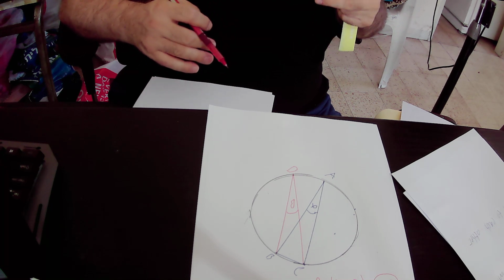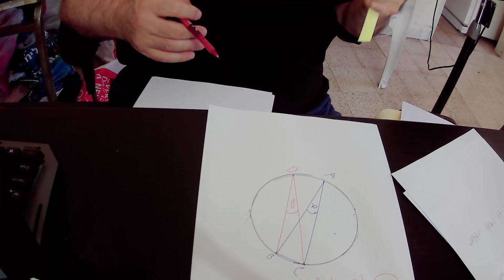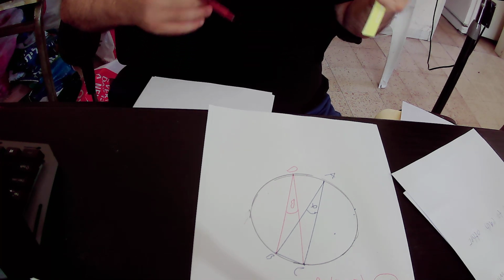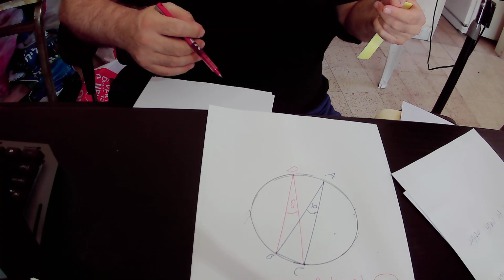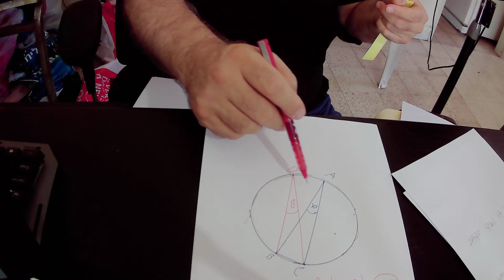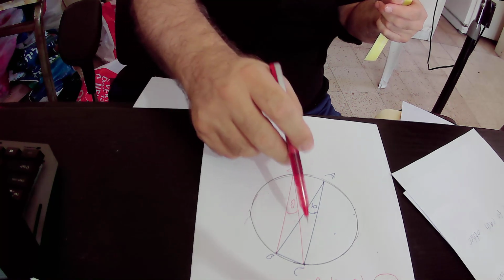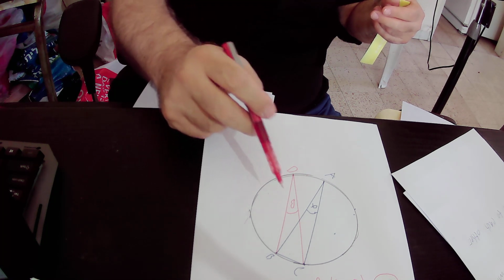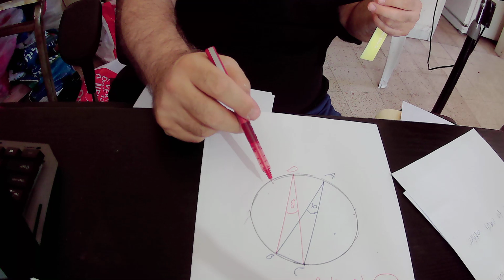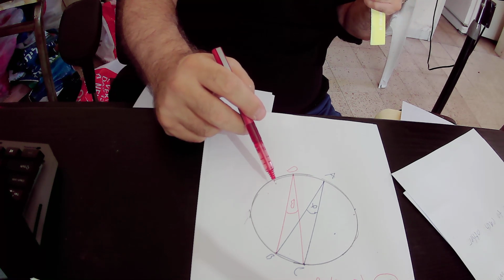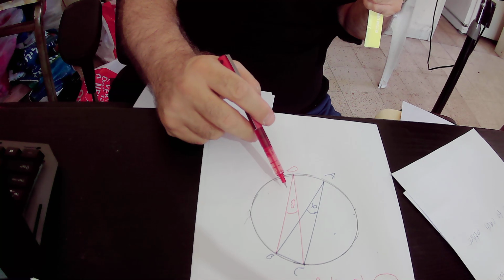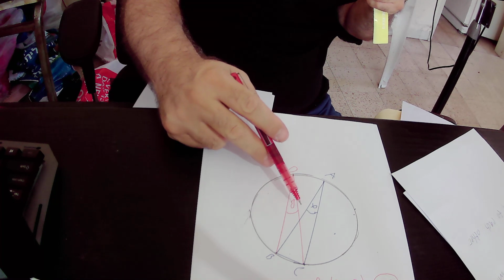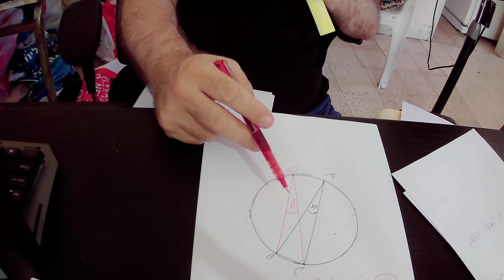But actually, if they rest on the same chord, they must also rest on the same arc. As you can see here, both angle alpha and beta rest on chord BC, but both of them also rest on the same arc BC. Anyway, what is important to us is that both angle alpha and beta rest on the same chord BC. Therefore, they are equal to each other. Alpha equals beta according to rule number 2.